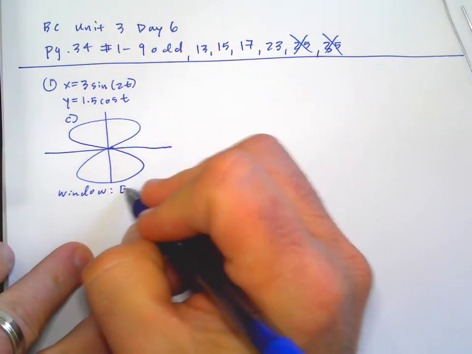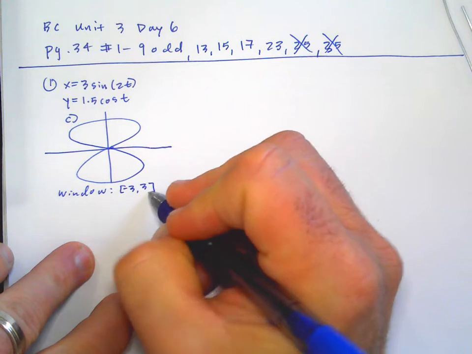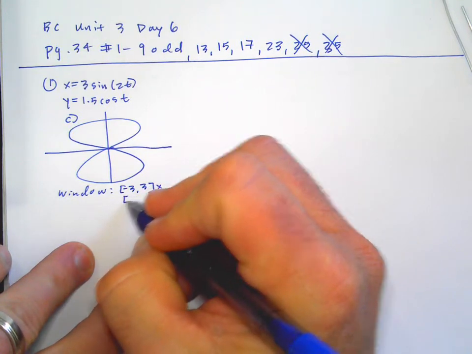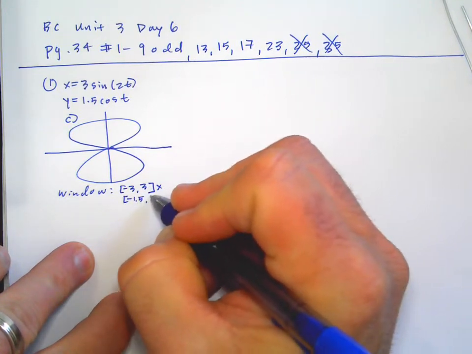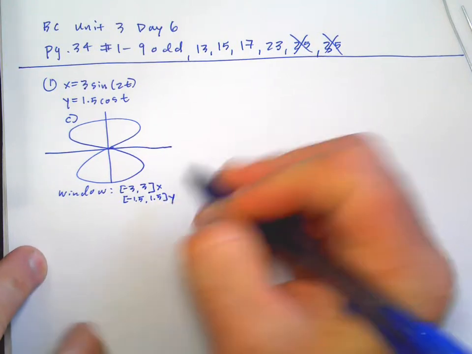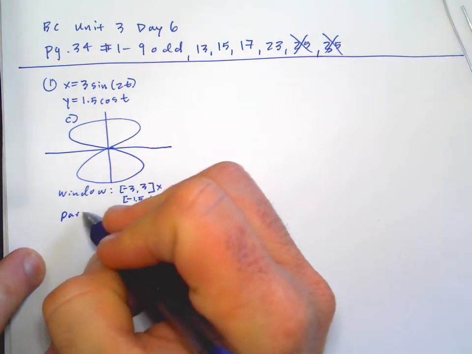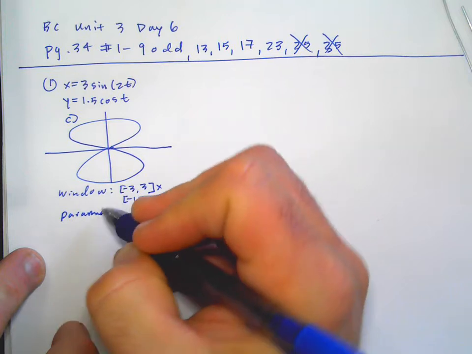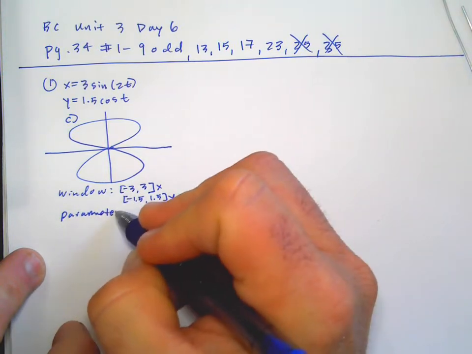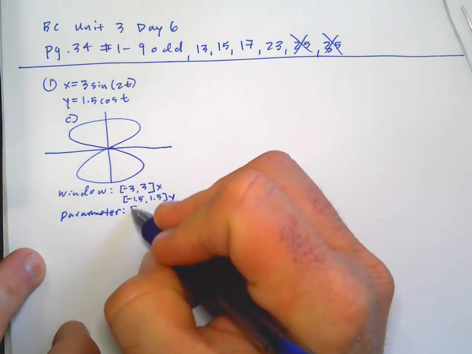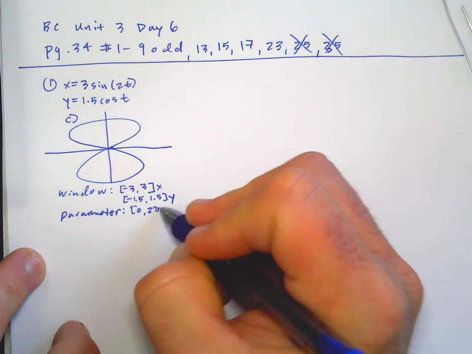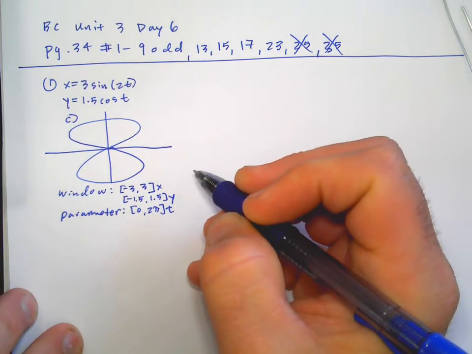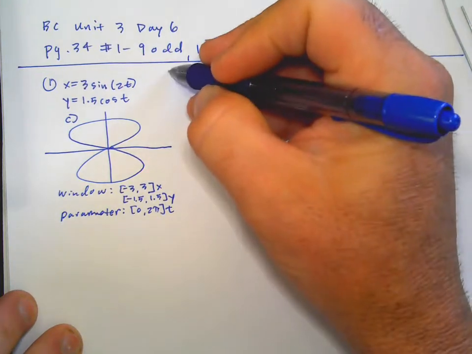So negative 3 to 3 interval for x, and negative 1.5 to 1.5 for y. The parameter, it says parameter interval, so that's the time interval. For that, I think we figured out it was 0 to 2 pi to get that full shape. Traces the curve exactly once.